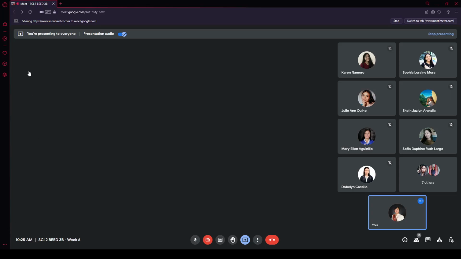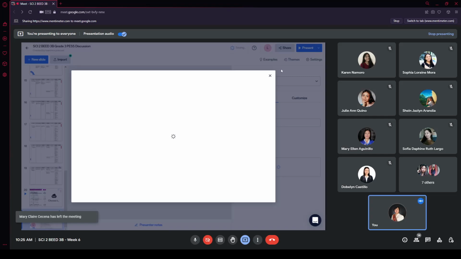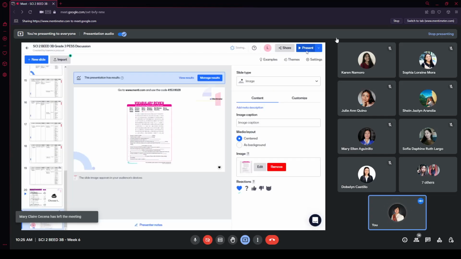Another example could be this one. There's no right answer. Okay, let me put an image here instead. So it could be this one. Hopefully you can read the image. It's a bit large.